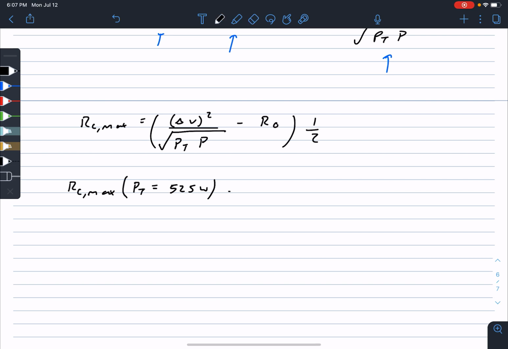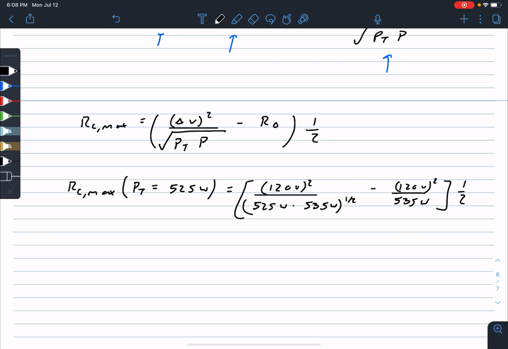This is equal to 120 volts squared over 525 watts times 535 watts, under the square root, minus 120 volts squared over 535 watts, times a half. We plug all that in and we get a value of about 0.128 ohms. So that's the maximum that we can have.